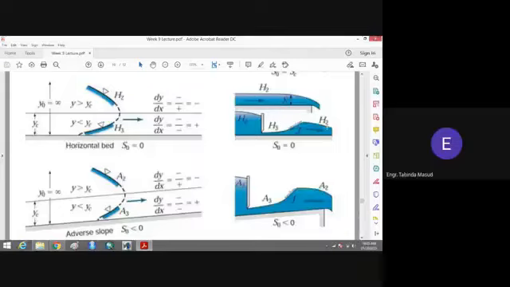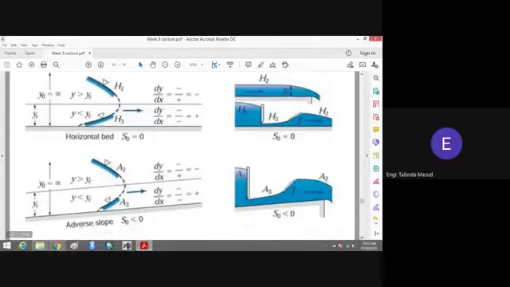And the last example is that of the adverse slope. Adverse slope is that for which you can see that this is a kind of adverse slope where it is rising in the opposite direction.